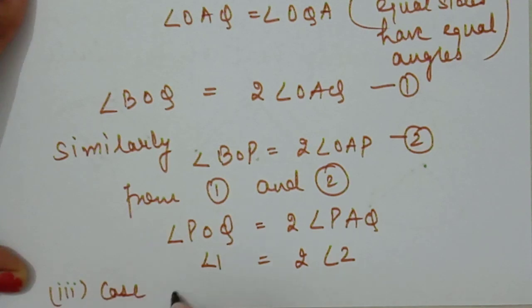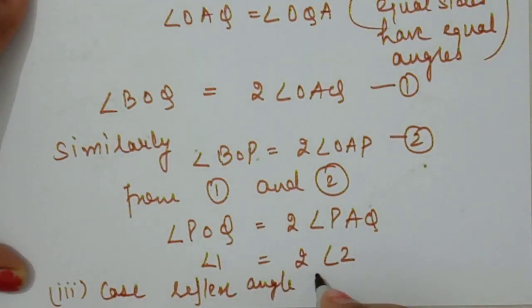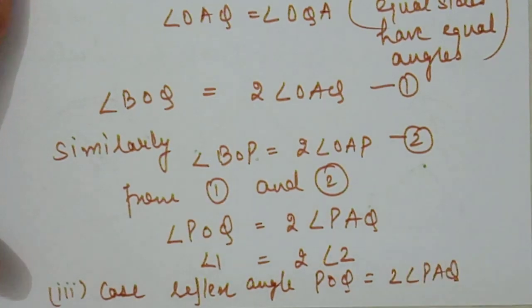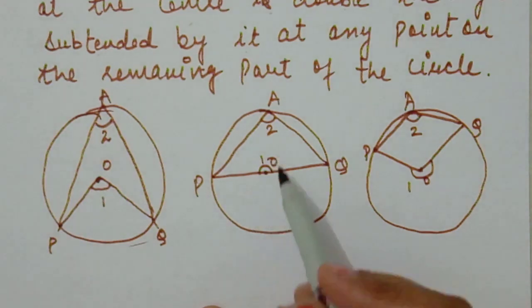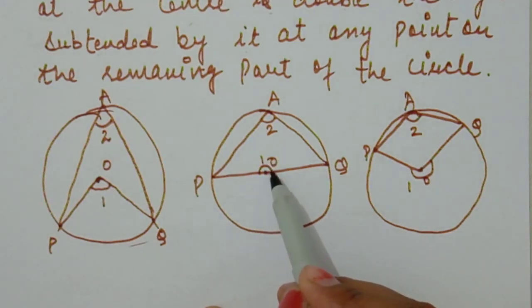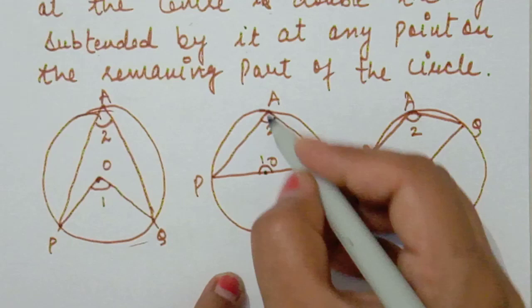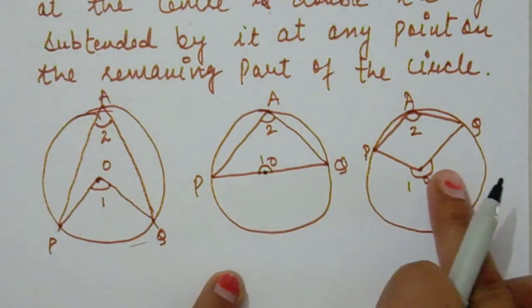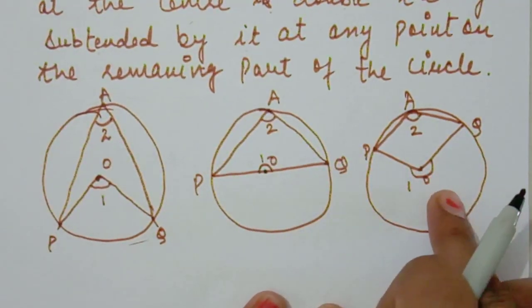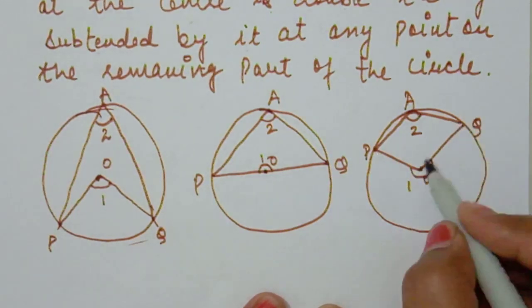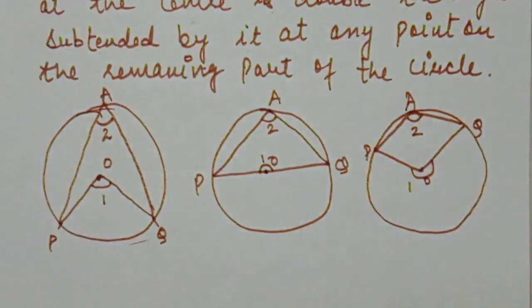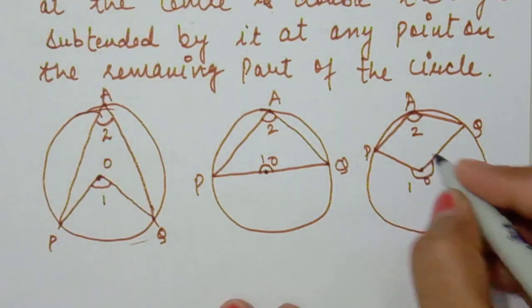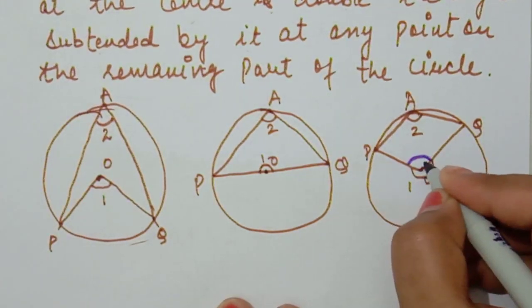In the third case, because the angle is greater than 180, we can say that reflex angle POQ is equal to double of angle PAQ. Correct? It is also very easy to prove with the help of the same construction. This is our third diagram, and I said reflex of POQ because, students, I want you to pay attention to this point: angle POQ is this.